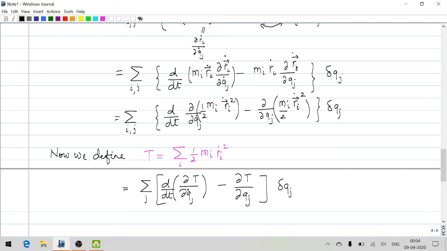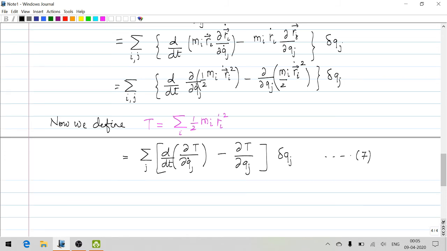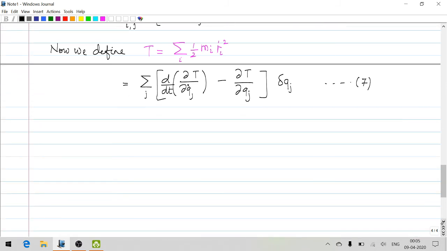So let us give this as equation number 7. Now putting equation 6 and equation 7 in equation 1, substituting equation 6 and 7 in equation 1.